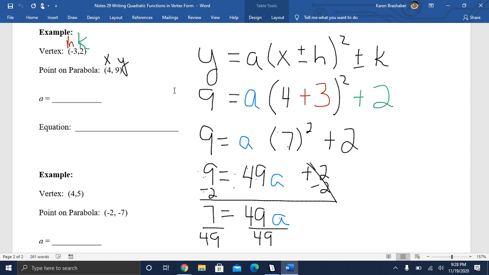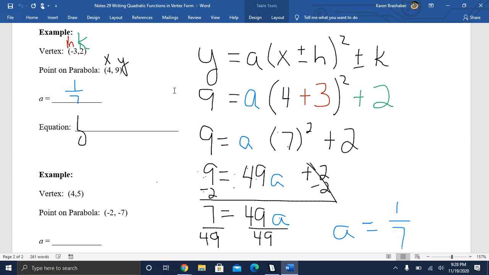And you can use Desmos if you need to reduce that fraction. 7 over 49. Please don't use a decimal. Please use a simplified fraction. A is going to equal 1 over 7. That'll reduce to 1/7. Again, you can use Desmos if you need to reduce that fraction. So A is 1/7.